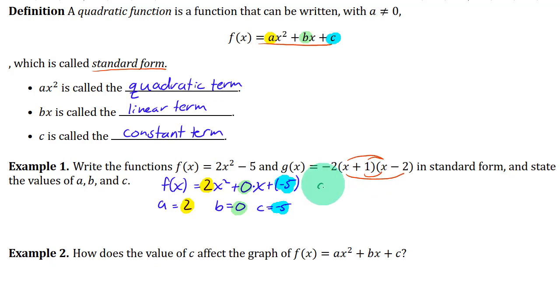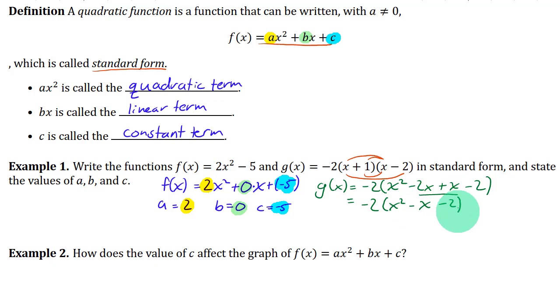We're going to get g of x is, I'll leave the negative 2 alone for now. x times x is x squared, minus 2 times x is minus 2x, plus 1 times x is plus x, and then 1 times negative 2 is minus 2, and you can then combine these two terms to become minus x, and then distribute that negative 2 in there, and you'll get g of x equals negative 2x squared plus 2x plus 4.